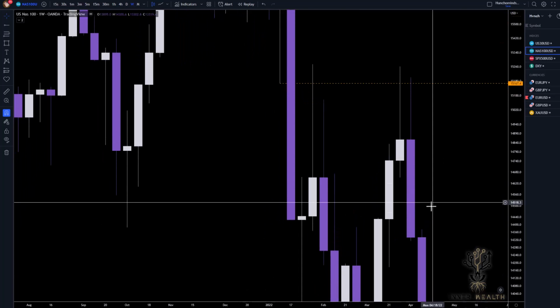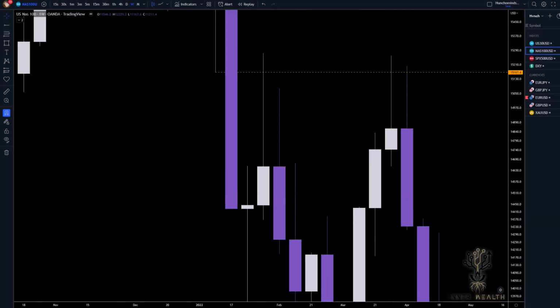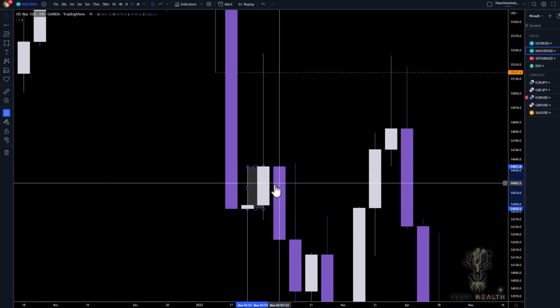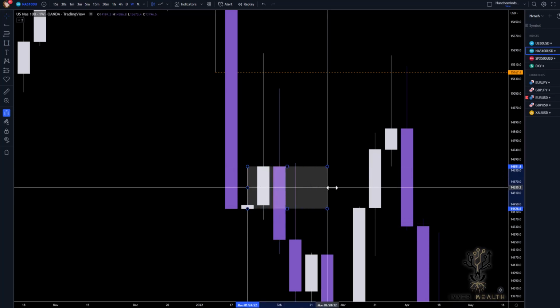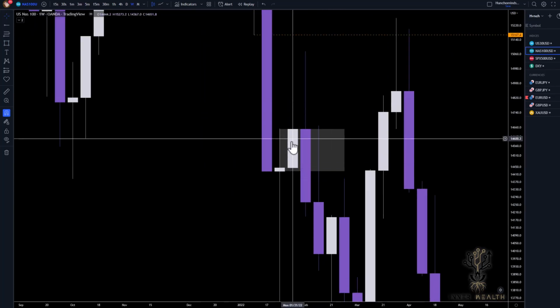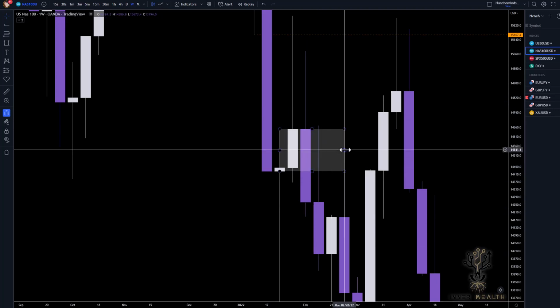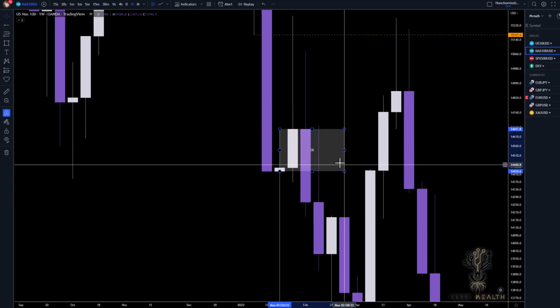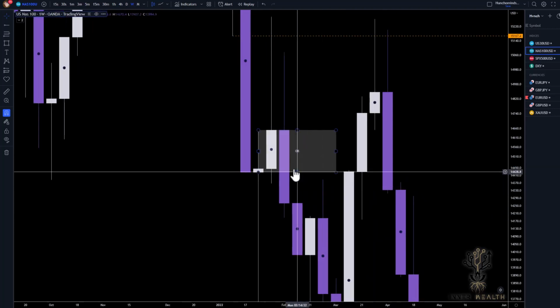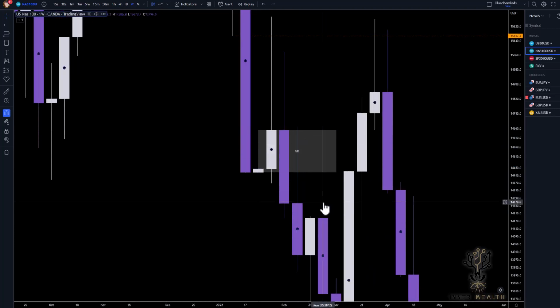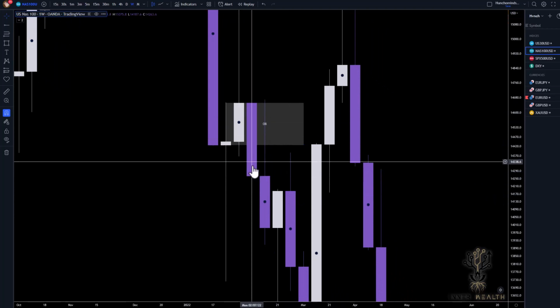We have this whole up push here. Once we trade below it, we come back into it, right? We come back into it right here. Then we trade below again.